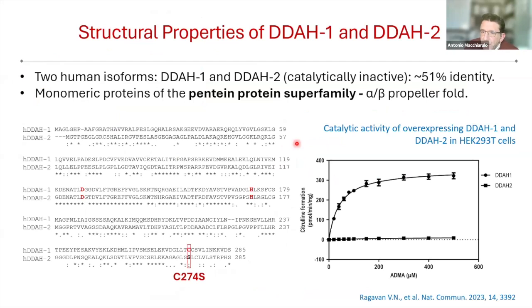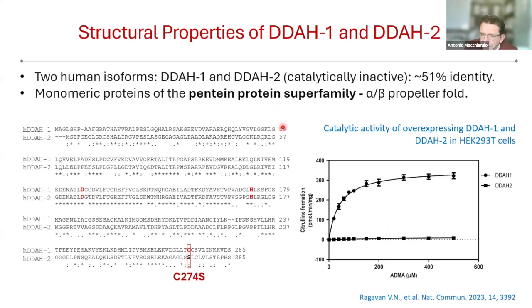There are two known isoforms of DDAH, named DDAH1 and DDAH2, which share around 51% of sequence identity. These are monomeric proteins. They belong to the pentein protein superfamily, which shares an alpha-beta propeller fold.